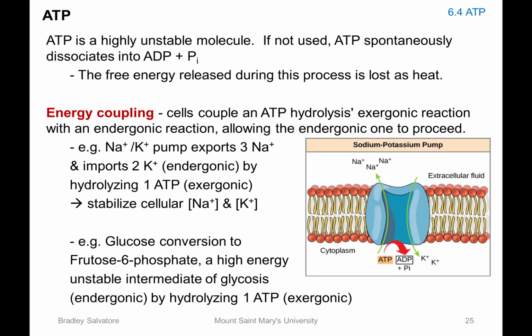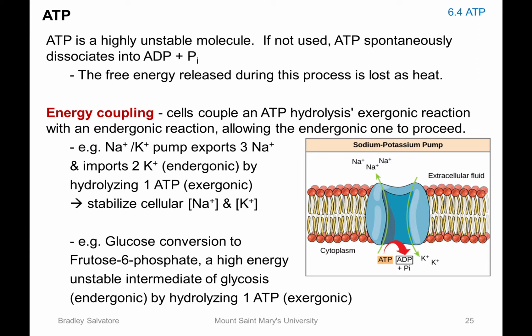Another example that is relevant to our chapter 7 will be glucose conversion to fructose 6-phosphate, which is the very first step of glycolysis. Fructose 6-phosphate is an unstable intermediate that requires that ATP for the conversion from glucose, and we want that unstable intermediate to drive further reactions down the line of glycolysis.